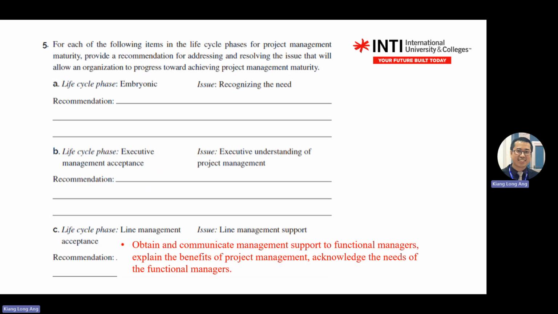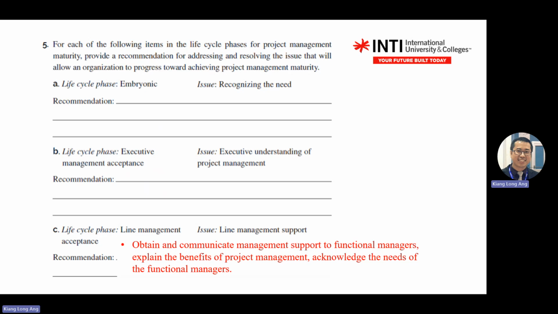So it tells you that this C, line management acceptance, line management is here, the functional group. So when you reach the third phase, you get line management acceptance, but now your issue is you do not have the support from the line department or functional unit. So what can you do? Still the same, the word is communication. We ask you about PM and functional manager. What can you do?